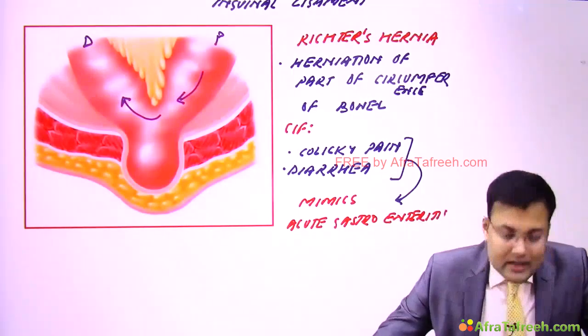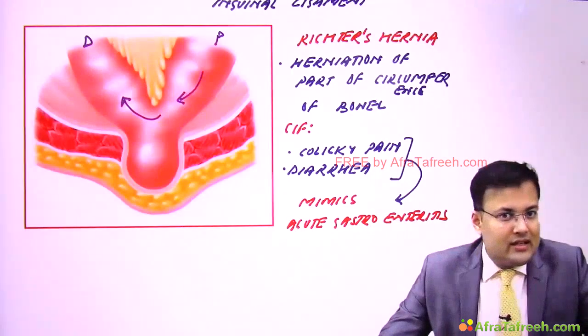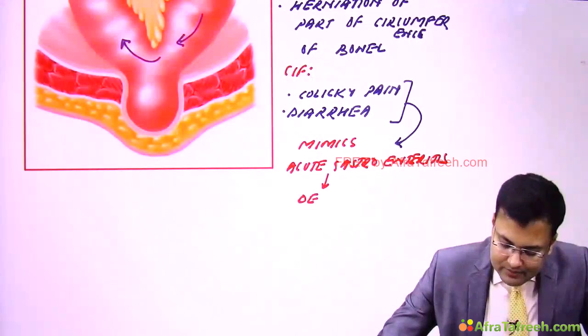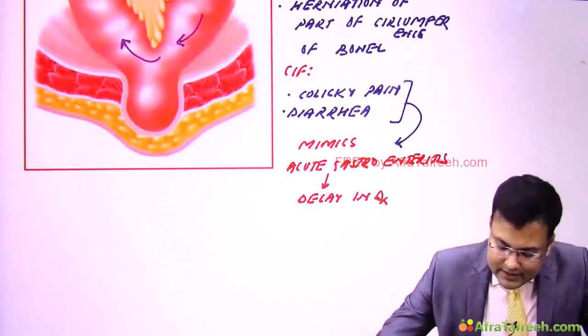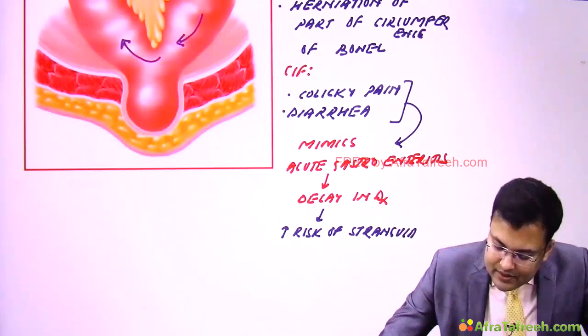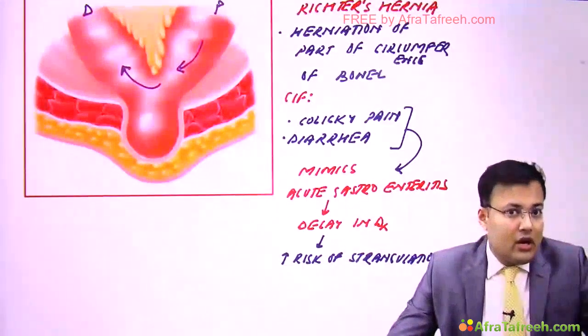There is delay in diagnosis, and because of this, there is increased risk of strangulation. So these are the important points related to Richter's hernia. So this is all about hernia.